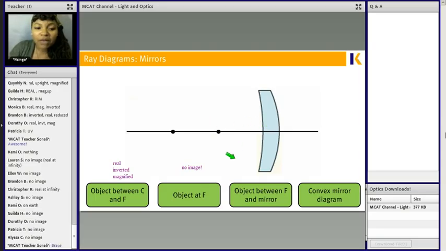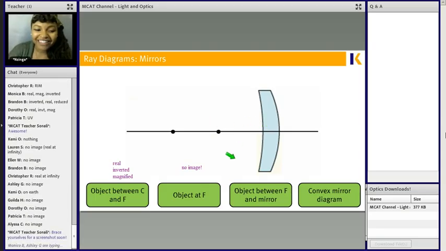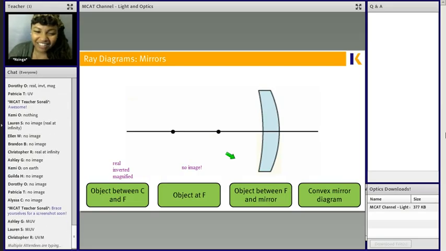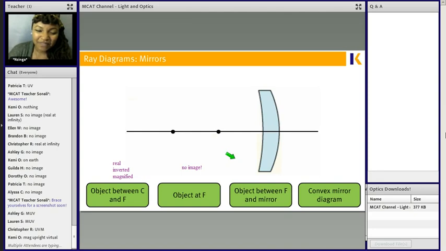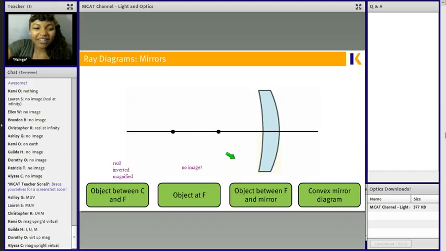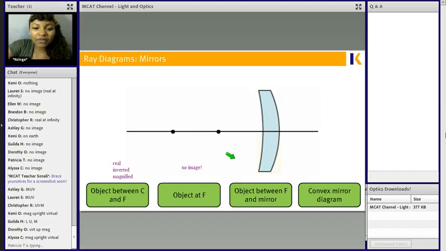What type of image are we going to end up with? Excellent. Okay, so we said it's going to be magnified, upright, and virtual. Good. So memorize these conditions that you have here.